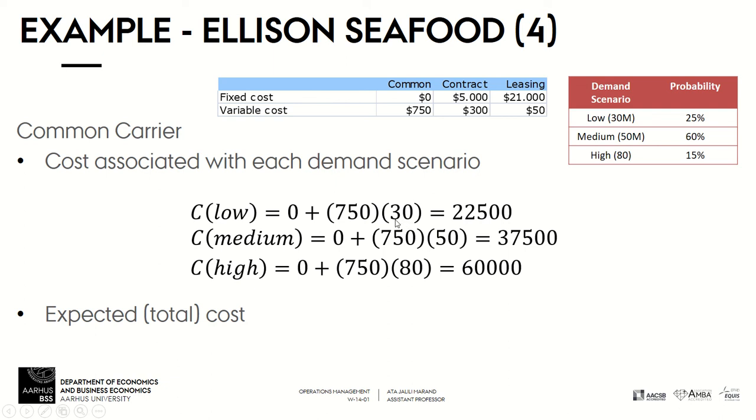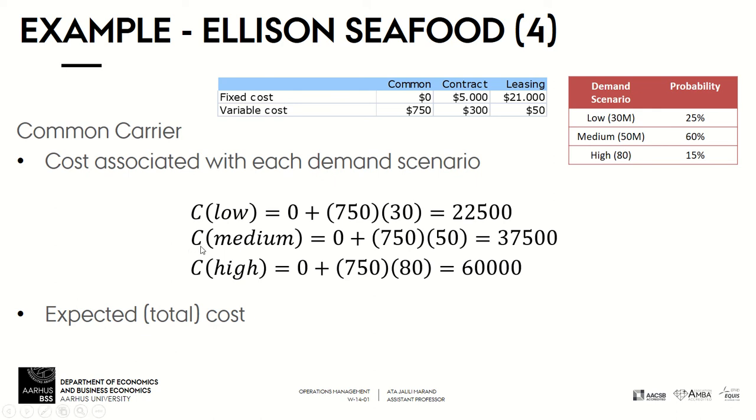Of course, it is in millions, so we need to be careful how we are interpreting the numbers that we get. So it is 750 multiplied by 30, and we will get 22,500 as the total cost if demand becomes equal to 30 million.